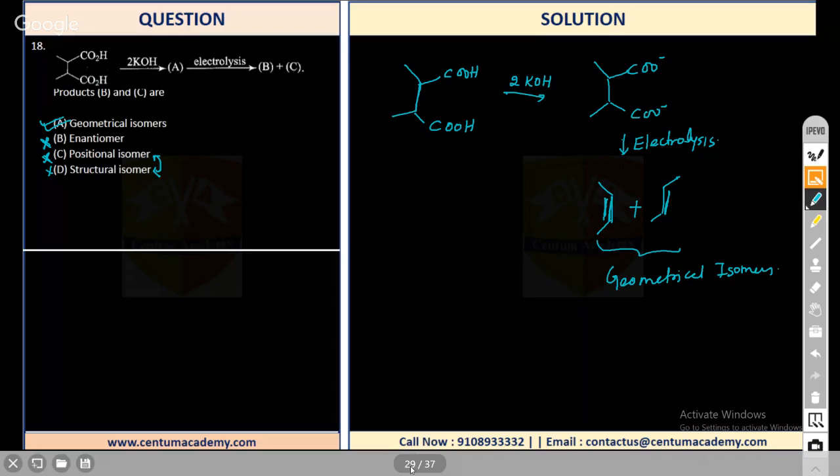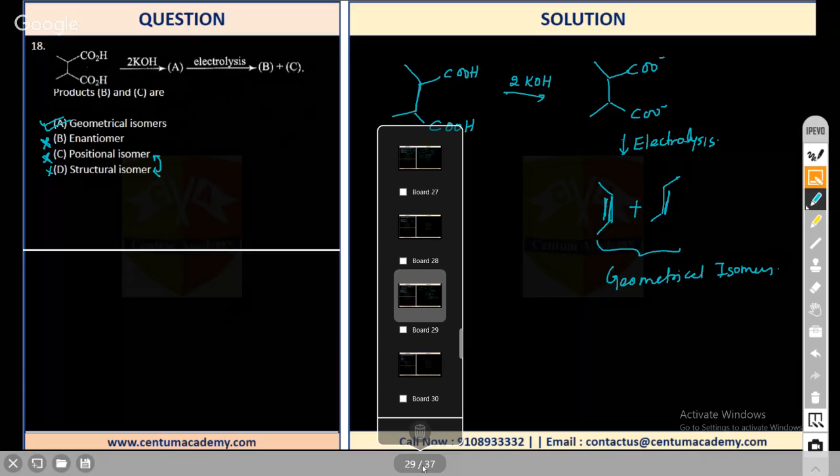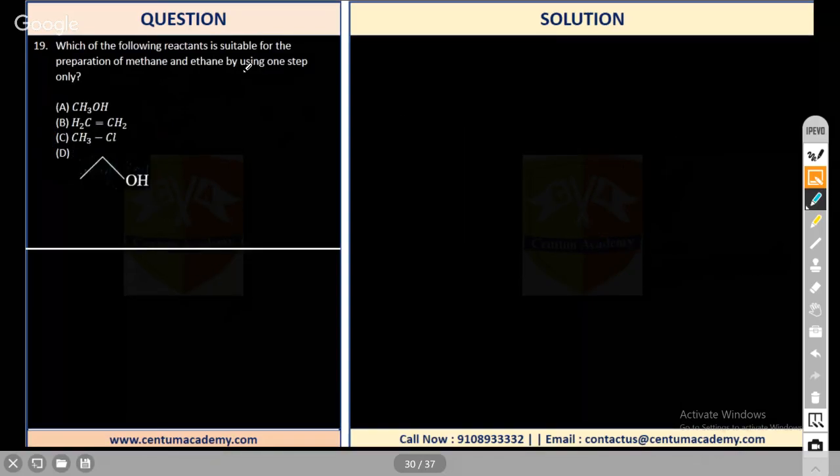Question number 30. Which of the following reactants is suitable for the preparation of methane and ethane by using one step only? A one-step reaction you have to write down.